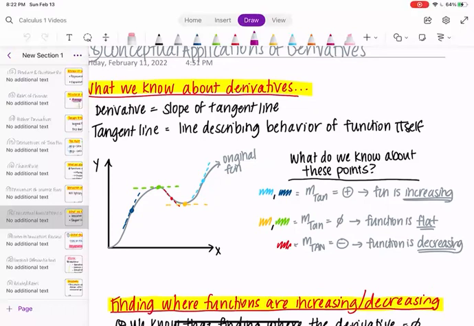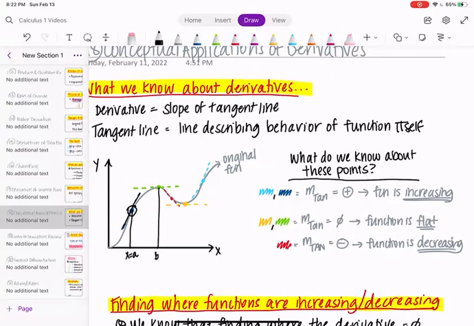So what do I know looking at each of these lines individually? If I'm looking at just the line at this point, what do I know about the function given this tangent line? Well, because the slope of that tangent line is positive, I should know that the function is increasing at x equals a. Same thing at x equals b, I can deduce something about the actual function given the tangent line based on what the tangent line is doing.